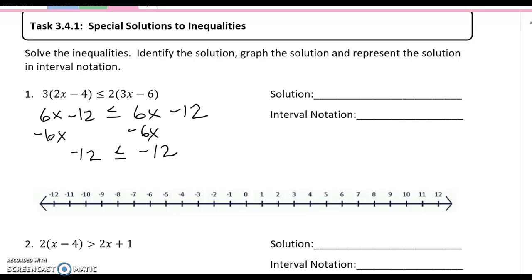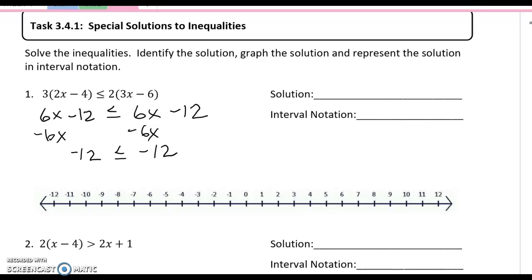We said this is one of those special situations where it's either going to end up as no solution or infinitely many solutions. The way we determine that is by looking at what statement is left when the variables disappeared. Here we're left with negative 12 is less than or equal to negative 12.